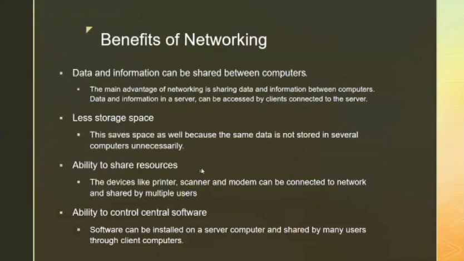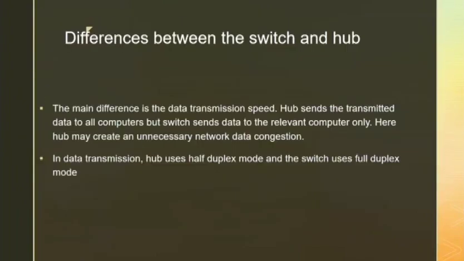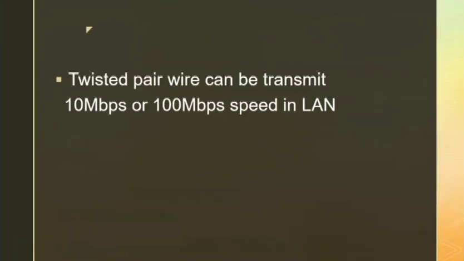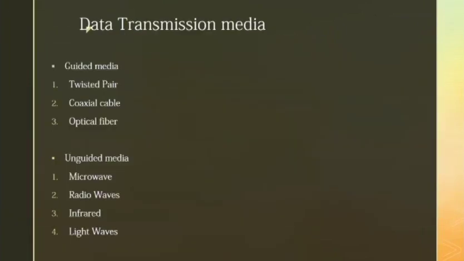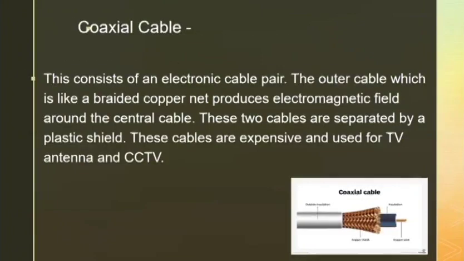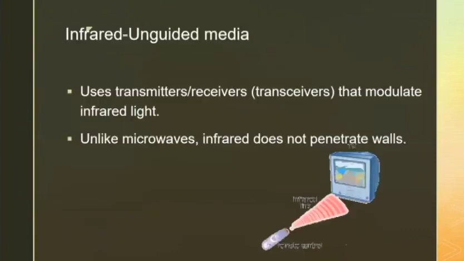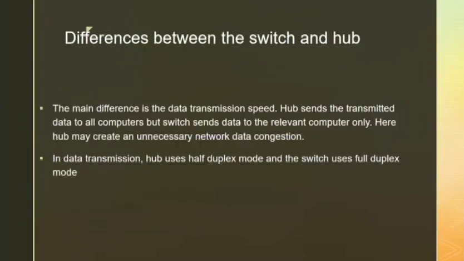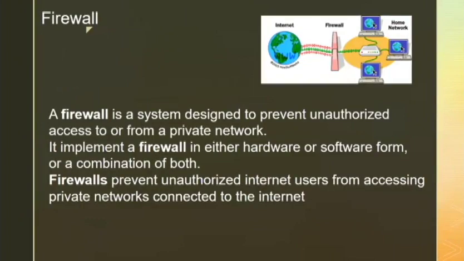Okay. Now we know what is the network, what is data communication, and what are the modes we have, and what are the transmission media we are using, what are the cables we are using, what are the network media, and the network devices we have: the modem, router, network switch, network hub, wireless fidelity, firewalls, those things.